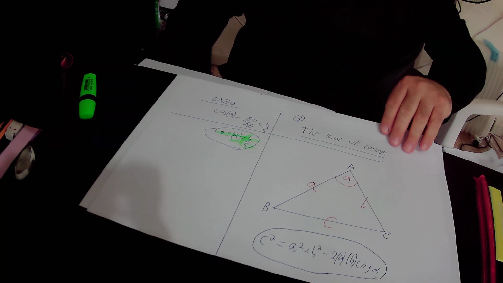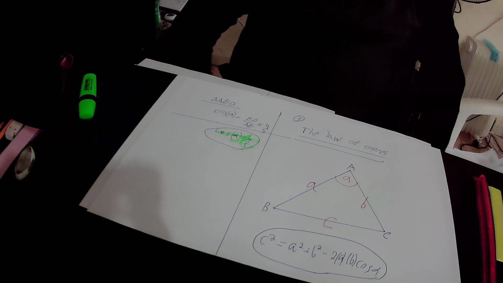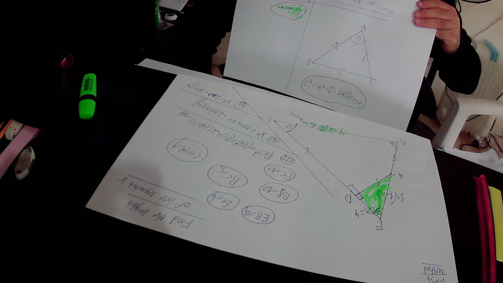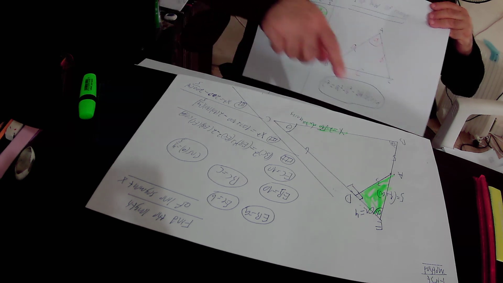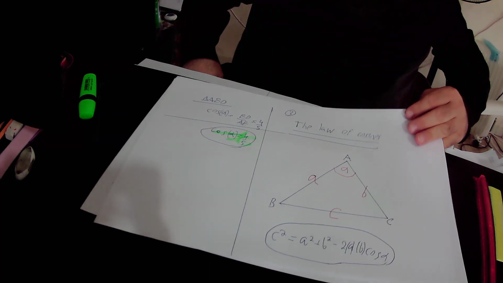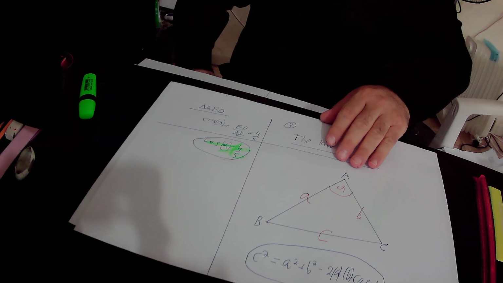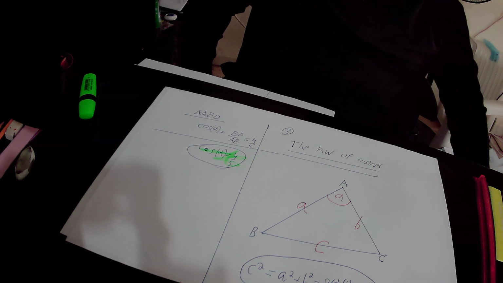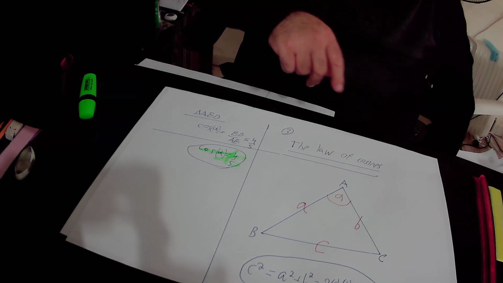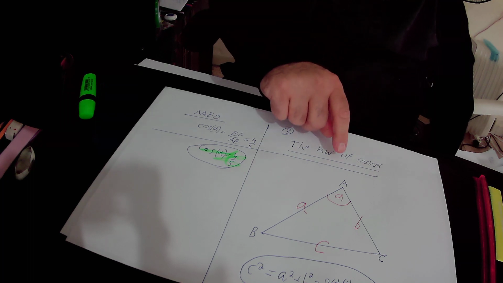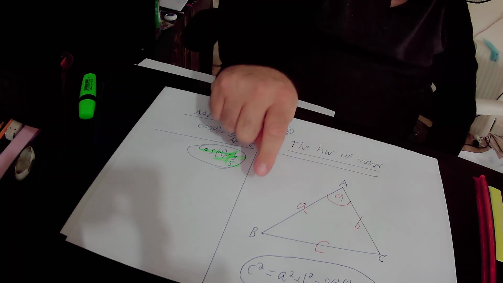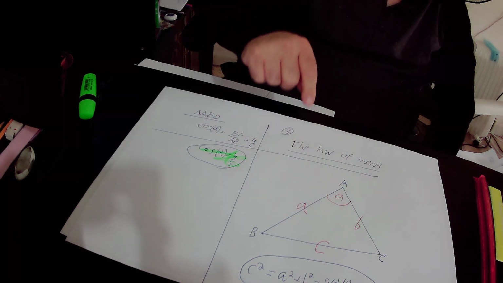Then I presented to you the law of cosines, and we implemented the law of cosines in this triangle, triangle EBC. So what is the law of cosines? The law of cosines is true in any triangle. If we have triangle ABC, that could be any triangle, side AB equals A units in its length, side AC equals B units, and side BC equals C units in its length.